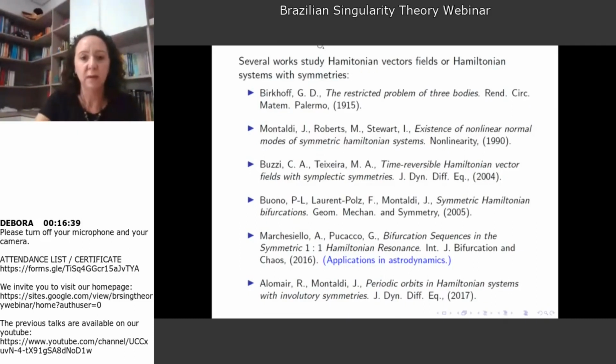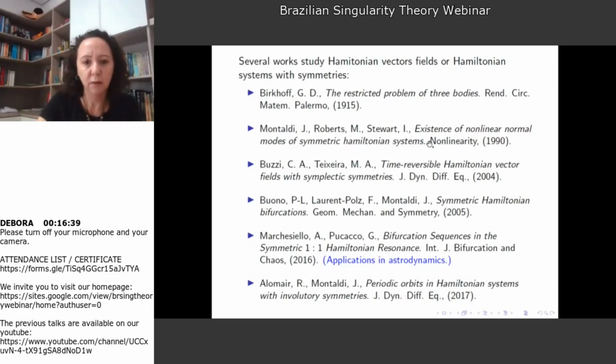And of course, for vector fields with symmetries, there are a lot of results. Here we put only the Hamiltonian vector fields, in which these works study Hamiltonian vector fields with symmetries.